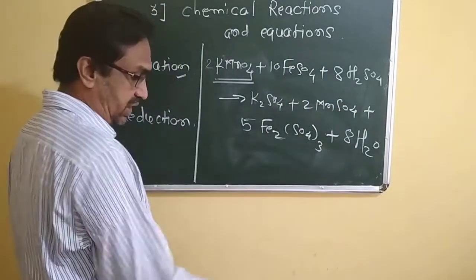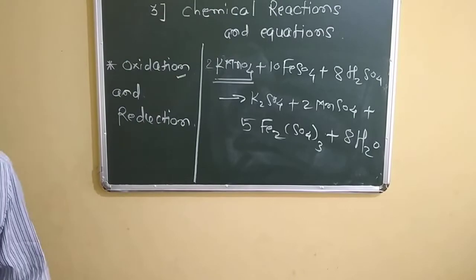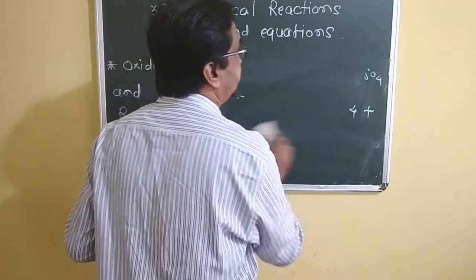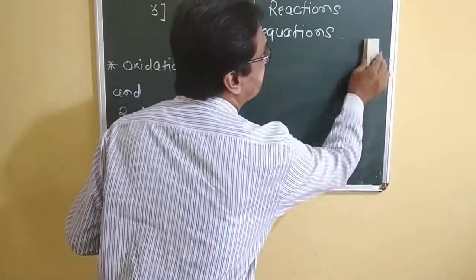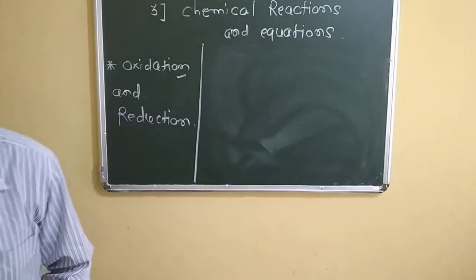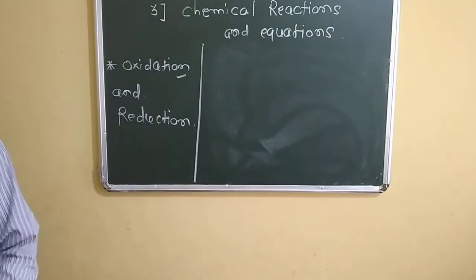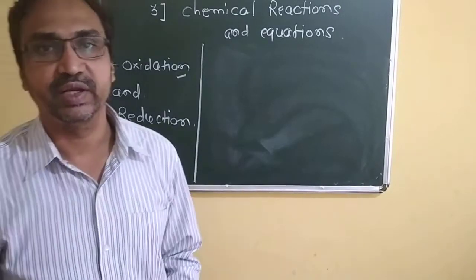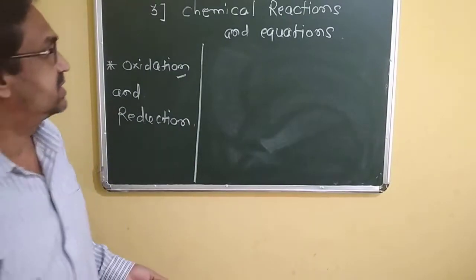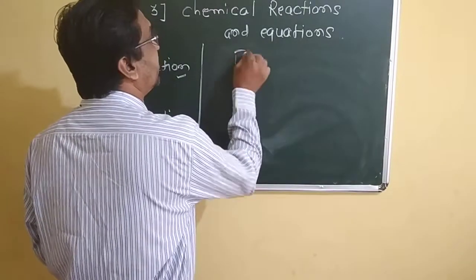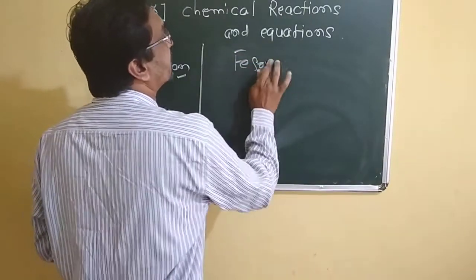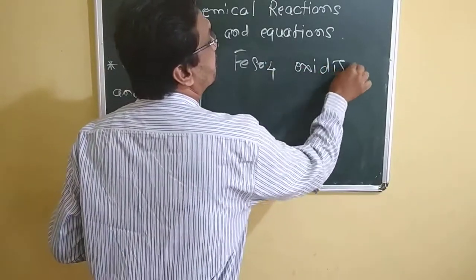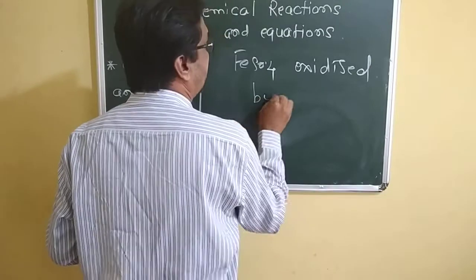We can easily see in our book which compound is oxidized by KMnO4, and that is FeSO4. The answer is FeSO4. FeSO4 is oxidized by KMnO4.